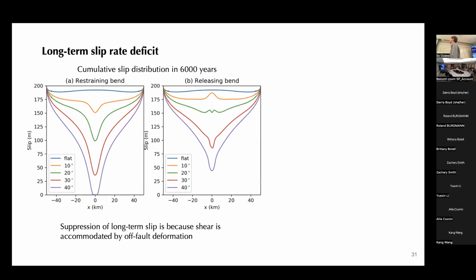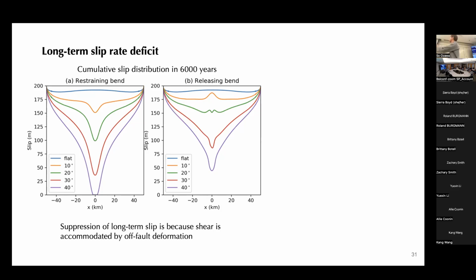Another point is that the cumulative slip on the fault is an output of the simulation. It's not prescribed. Here, the extensions of the fault are slipping at a constant rate, so they are imposed. But the cumulative slip inside the fault is the output, spontaneously evolving from the interaction of stress dynamics. So it can be compared with observations.